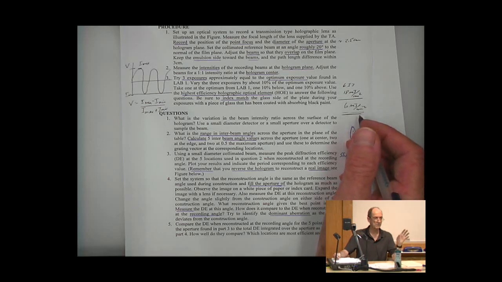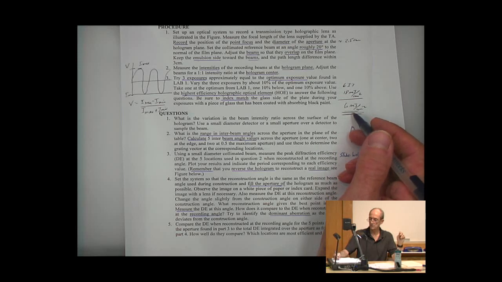Reflection holograms, you're probably going to find you need to expose a little bit more to get the highest efficiency, and I'll explain that later when we talk about the coupled wave analysis. So you'd start out maybe with 6 millijoules, and then do plus and minus 10% around that.